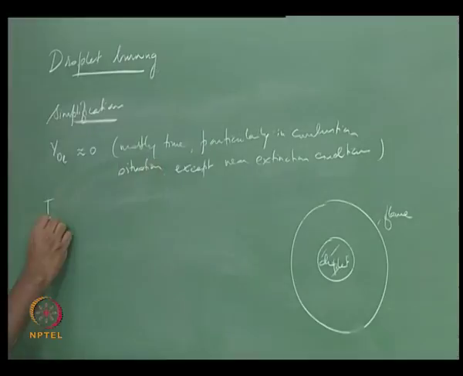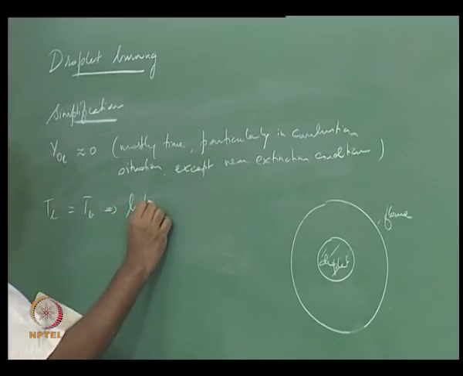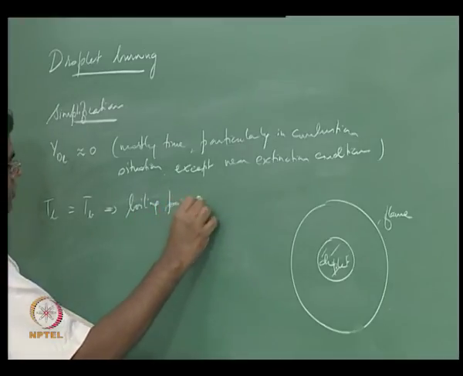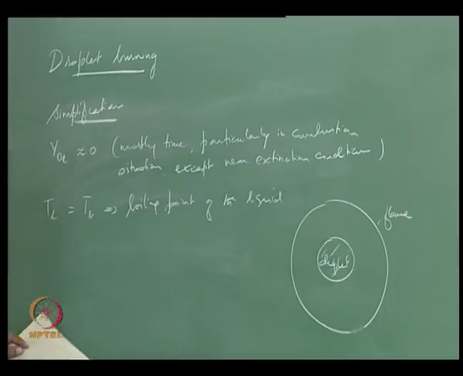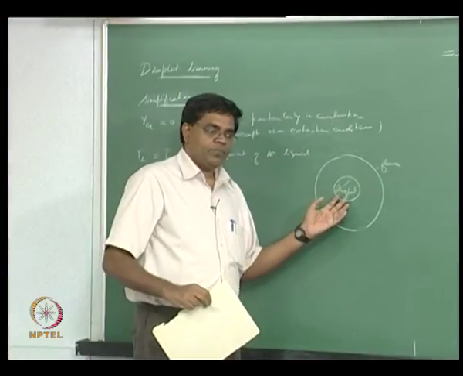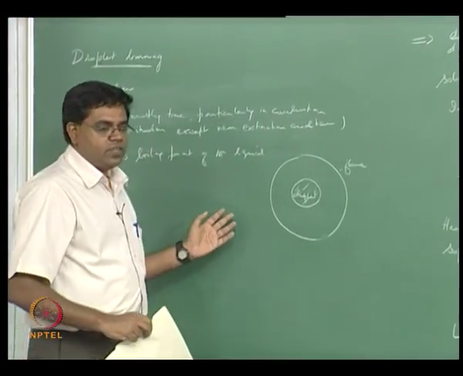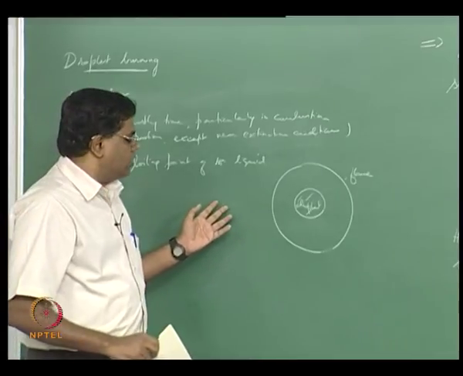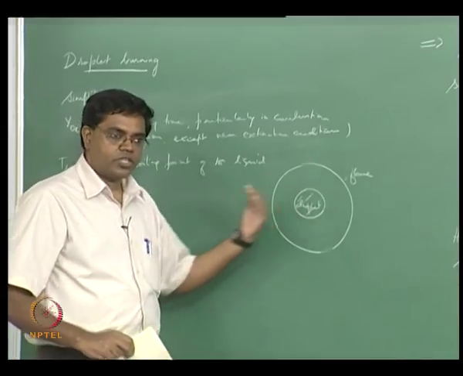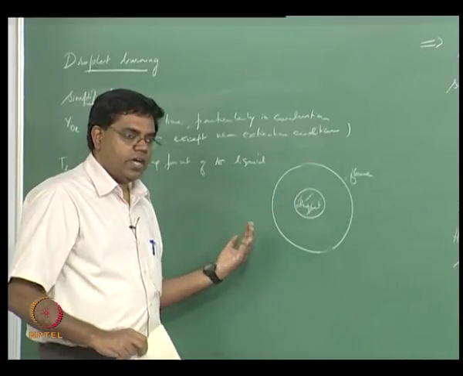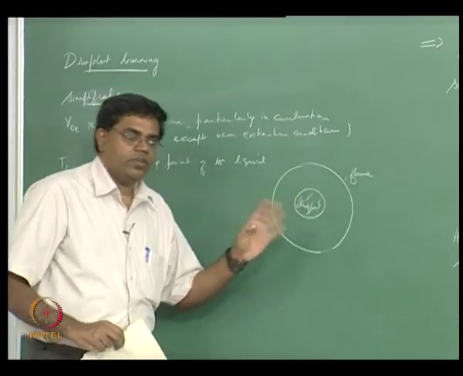Let's also assume that T_L is equal to T_B, which is the boiling point of the liquid. That's a simplifying assumption. In reality we have to actually look at something called a saturation temperature and so on, which depends on the ambient composition of its vapor and so on. So you have to look at vapor pressure, balancing the actual pressure and all those things. Now let's not worry about all that.